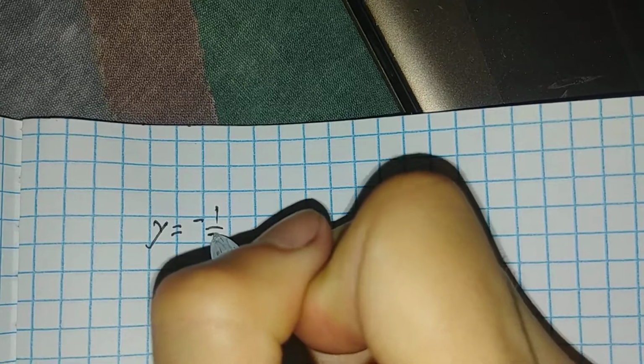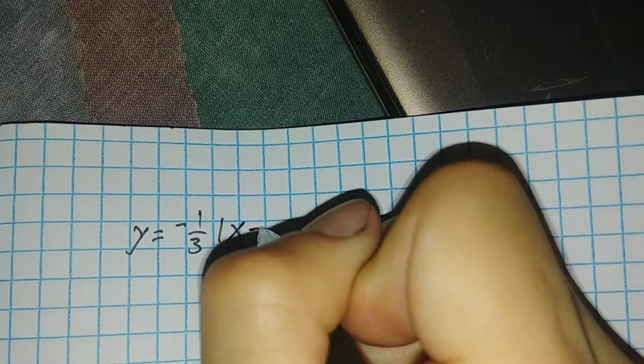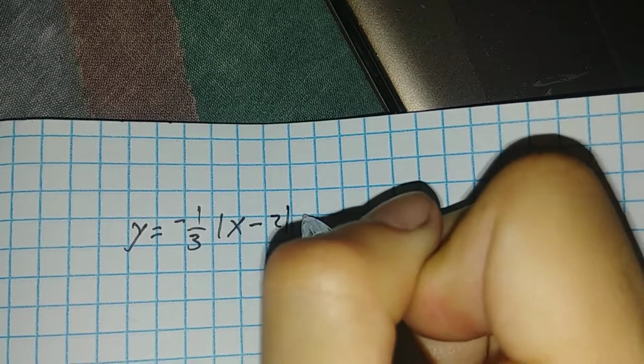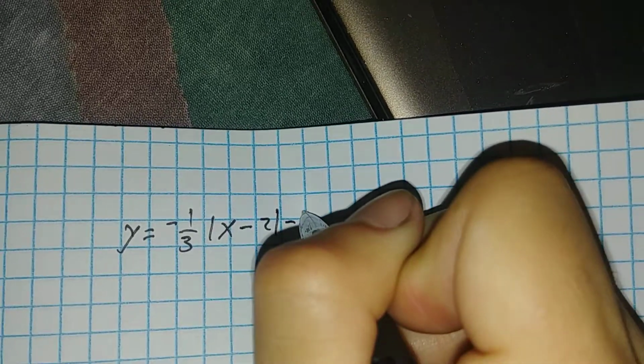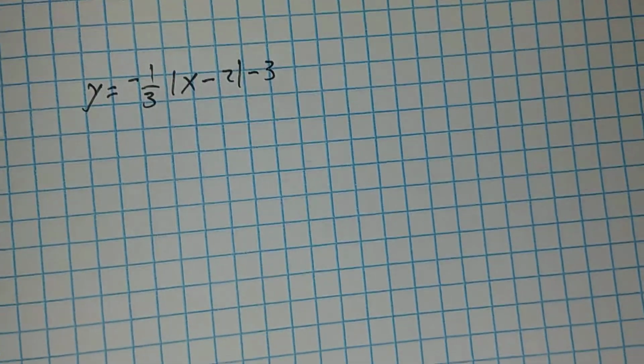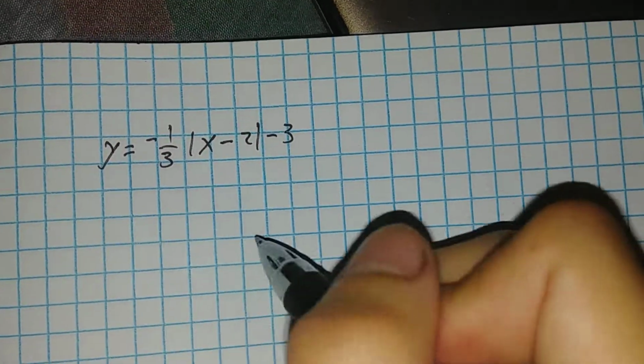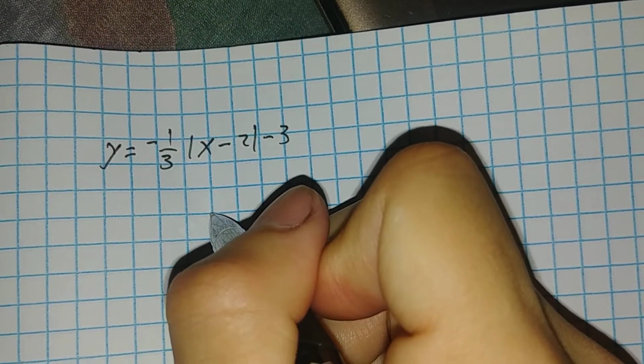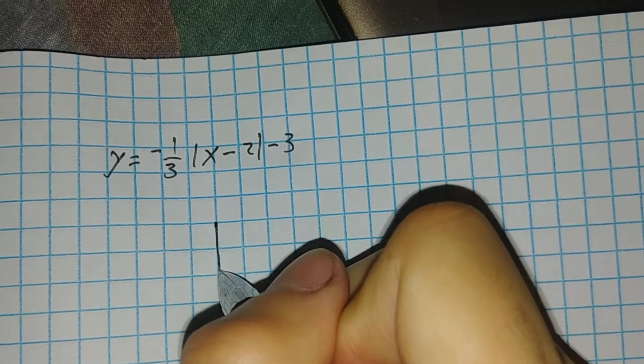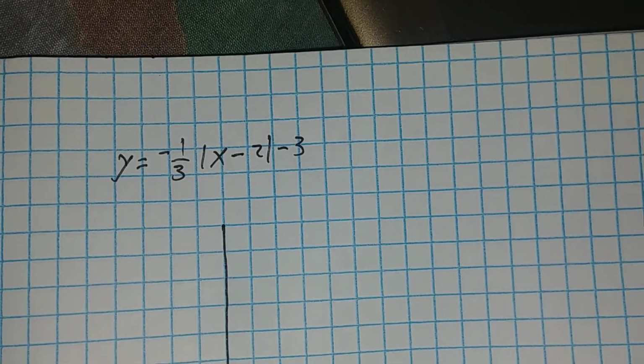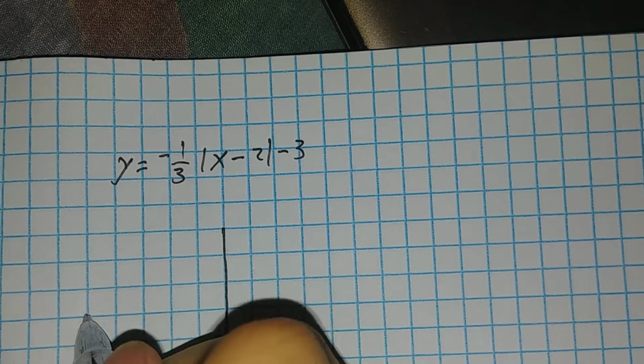Let me do one example where I have several of them combined. So let's see, y equals -1/3 the absolute value of x, -2, -3. Now this has several ones. So let me make a graph.